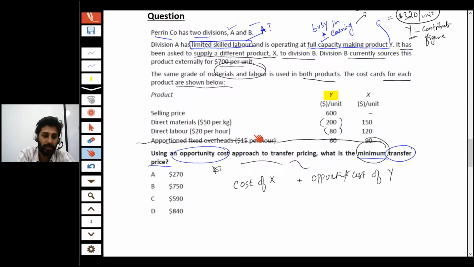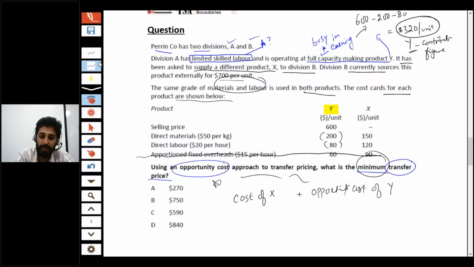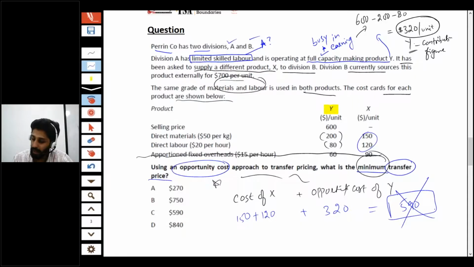Few of the students would be calculating it that way: the cost of X, that is 150 plus 120, plus opportunity cost of 320. The answer would be 590. Absolutely cross. It's not the right answer. I'm putting a big cross on it.